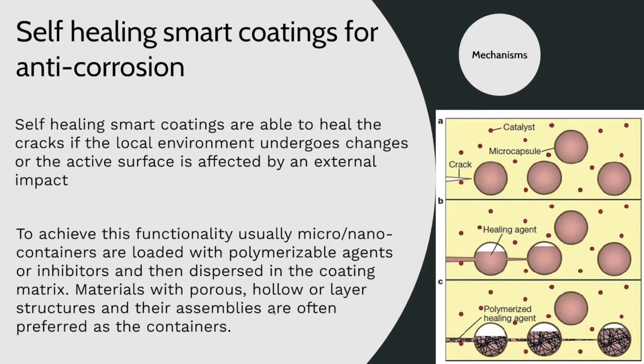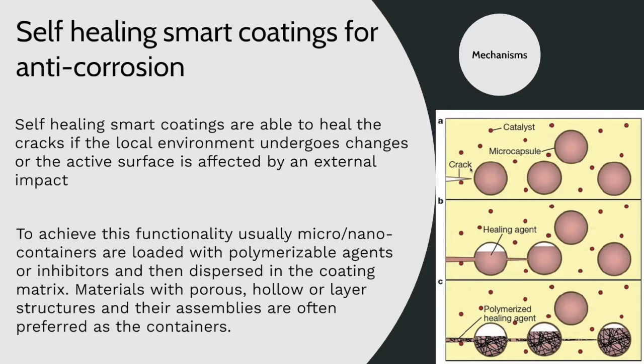Yeah. And how they are contained inside containers. The containers themselves should be maybe porous, hollow, or layered structures. It can also be done. Okay. So inside are the self-healing agent or inhibitors, or maybe both, it can be done also.